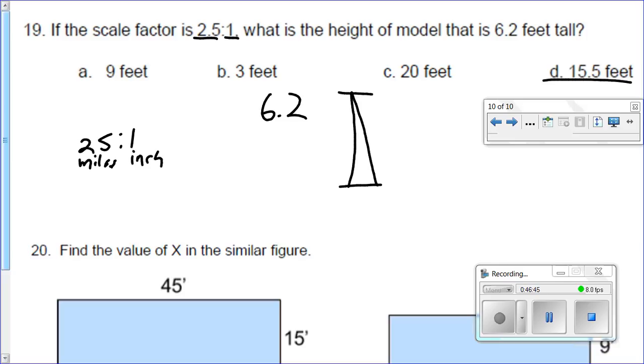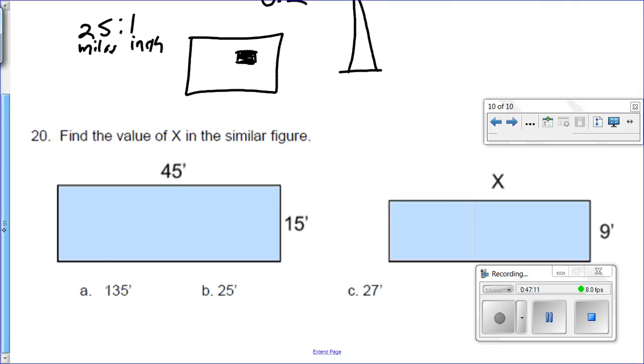That way you would know that 1 little inch on this map would actually mean 25 miles in reality. So if you were walking from here to here on the map, you would actually be walking 25 miles. So anyway, bizarre question, don't like it, but we'll move on.